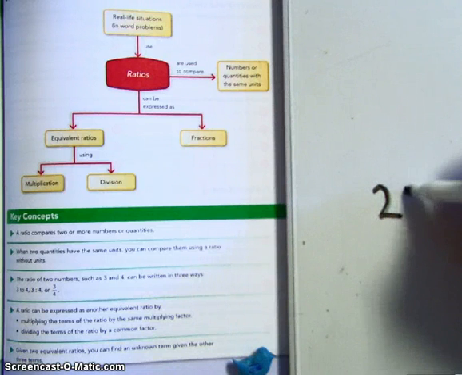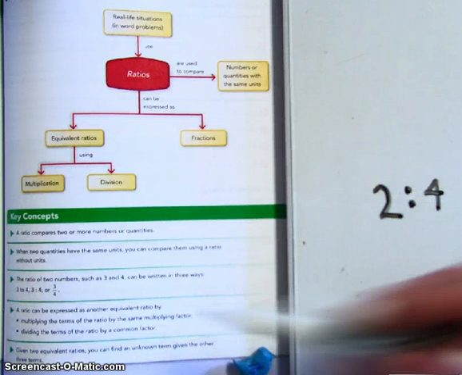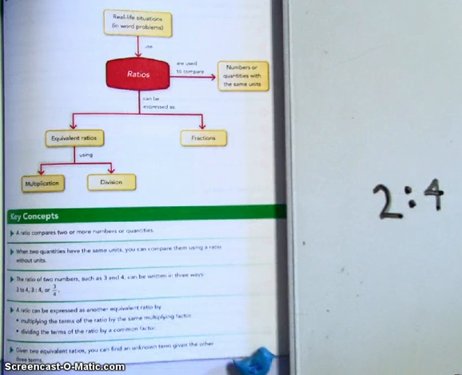We normally recognize a ratio as a colon right here, and that is a ratio. But as we learned when we first did our ratios, a ratio can be written any number of ways. If you look right here, it's just two numbers like our 2 and 4, or here they have 3 and 4, which can be written three ways.